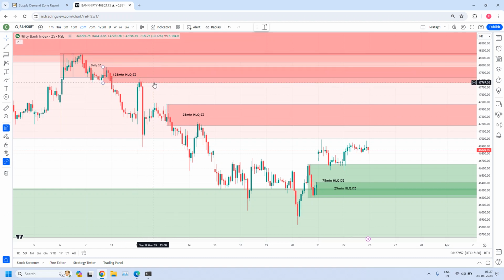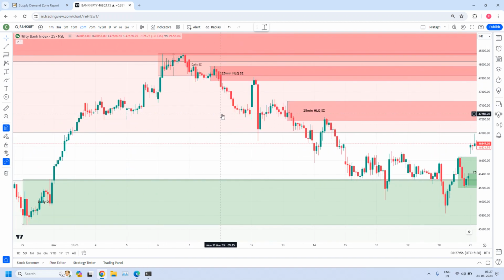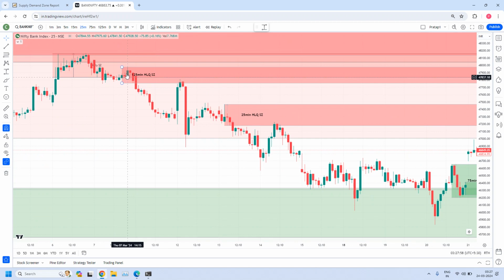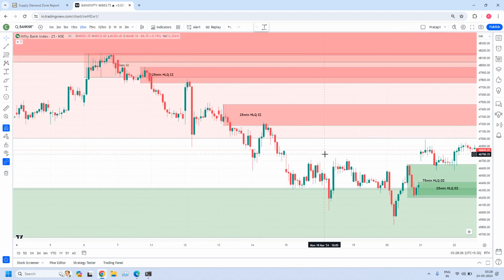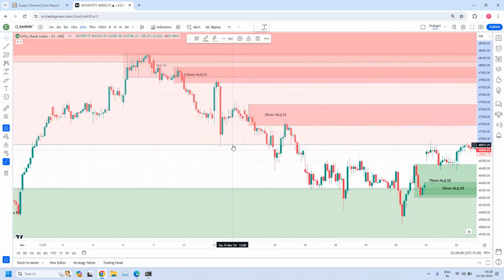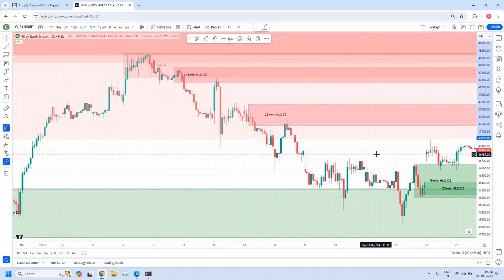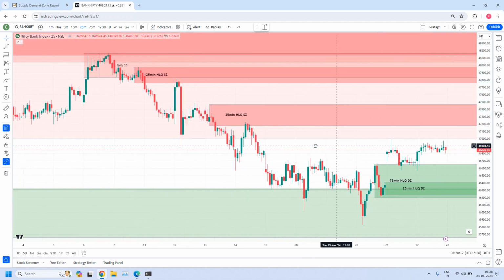After that you can fine tune at 5 minutes level, even deeper. See here, you have a rally, 2 base candles, drop candle. There is one more you can fine tune here. Please remember, fine tuning the zone should be done by you people.